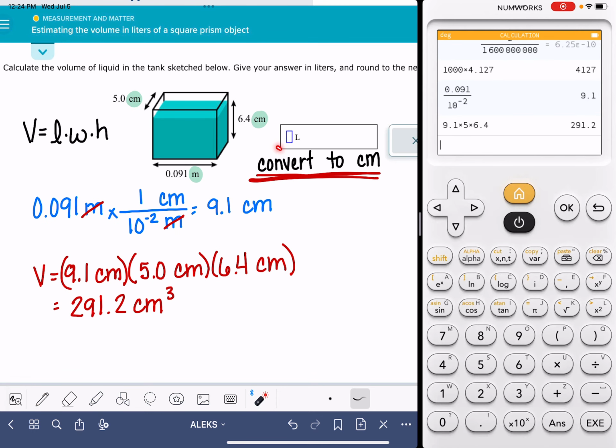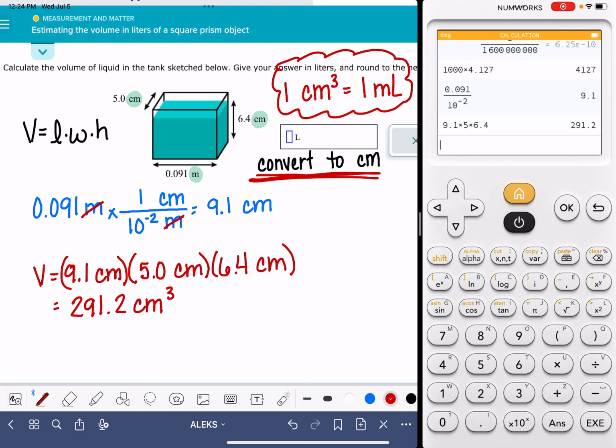Now ALEKS wants the answer in units of liters, and so that brings us to a really important conversion factor that we're going to need to use to solve this problem. 1 cubic centimeter is equal to 1 milliliter. That's a really, really important conversion factor, and this brings us back to what I wrote here.